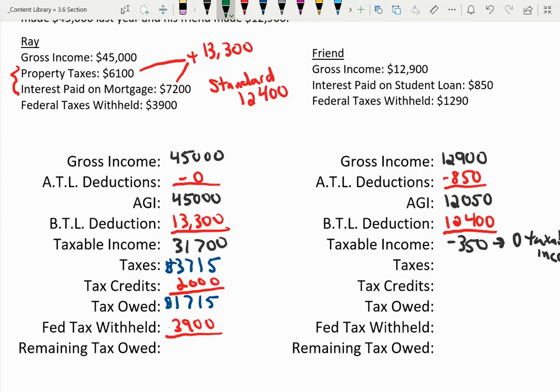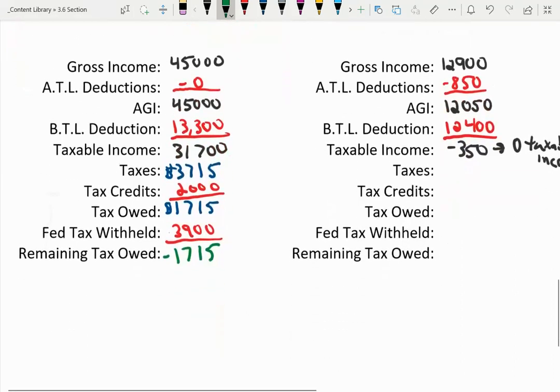So the difference is going to be a negative 1,715. So actually, he will get $1,715 as a refund. That's because his employer was withholding money so that he could use that to pay.